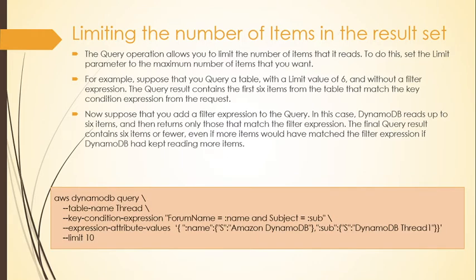Now suppose that you add a filter expression to the query. In this case, DynamoDB reads up to 6 items and then returns only those that match the filter expression. The final query result contains 6 items or fewer, even if more items would have matched the filter expression if DynamoDB had kept reading more items.